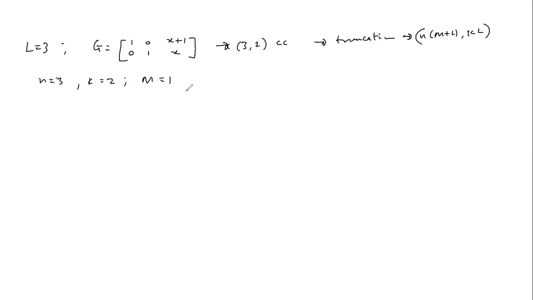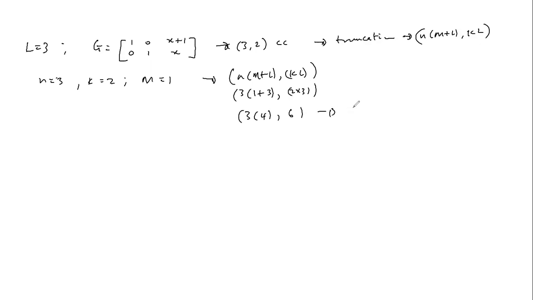And now we can derive our N into bracket M plus L, comma KL code. So this N is 3 into bracket 1 plus 3, comma K, which is 2 times 3. So this is going to give us 3 into bracket 4, 6.